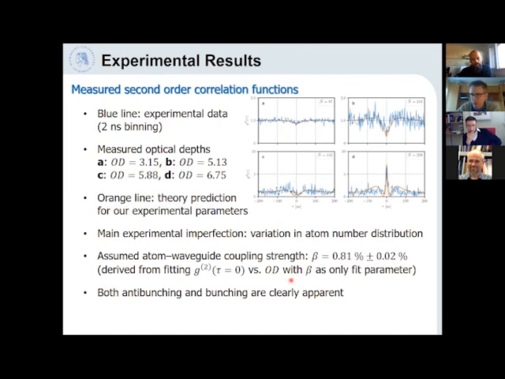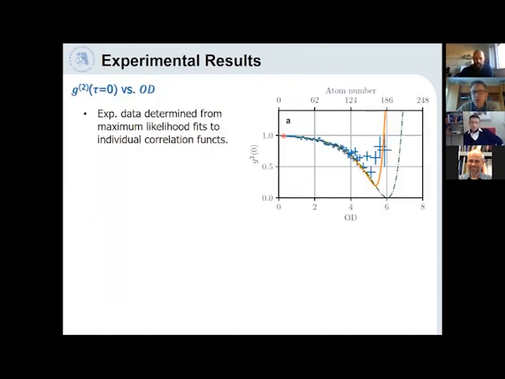Let me show you this fit here of the G2 of 0 time delay versus the optical depth. So this is our data, the blue dots here. And then when fitting this G2 versus OD, with varying beta and taking into account the fluctuations of the atom number, then the red line is our prediction.